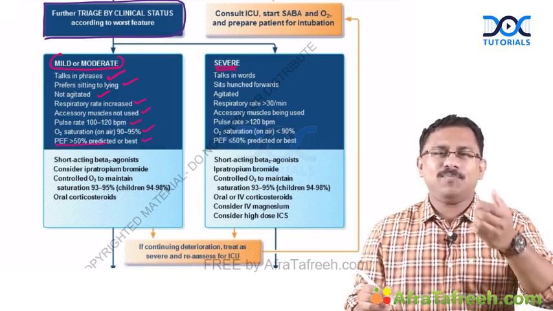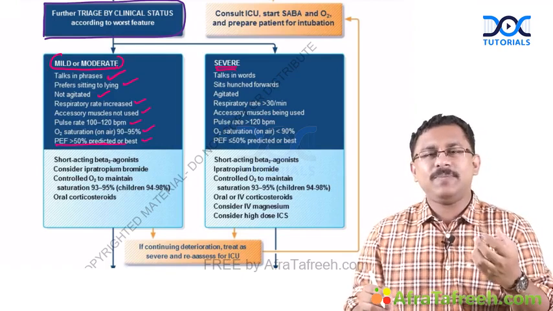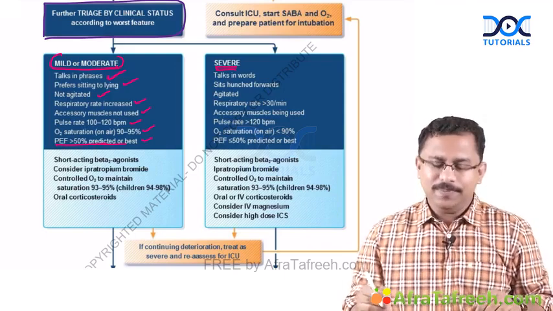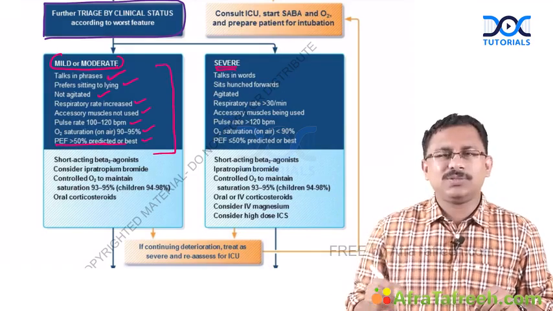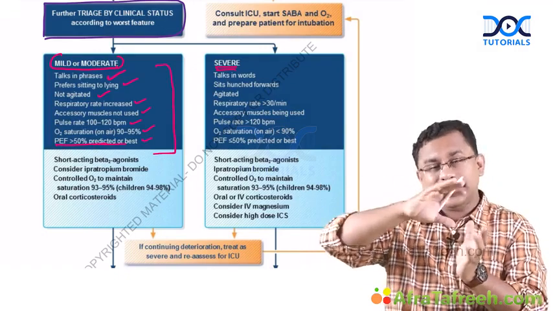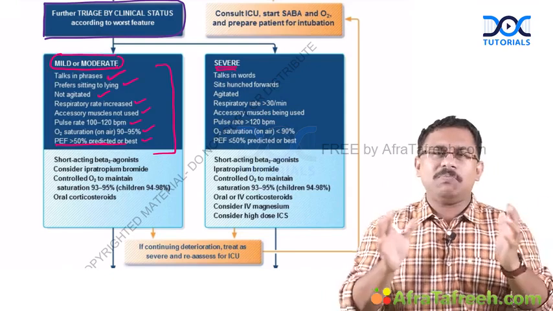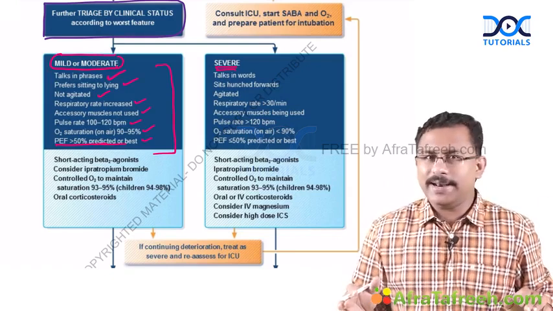And if you have a portable peak expiratory flow meter, you find that it is more than 50% of the predicted one. Now in these scenarios where he is talking in phrases, not in words, this is only a mild to moderate exacerbation of bronchial asthma.